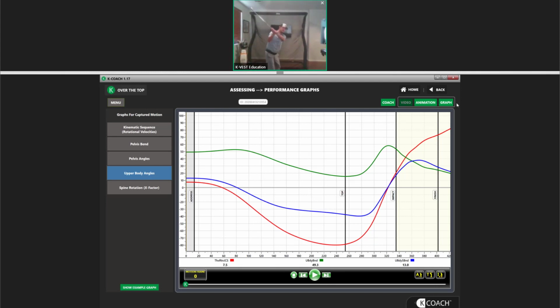So over the top, we know is the golfer that moves the handle out, and the club out towards the ball early in their downswing, right? So if I'm a player that gets up to the top of my swing and I don't change side bends but I change rotation, so I start rotating, but my side bend doesn't change, okay?